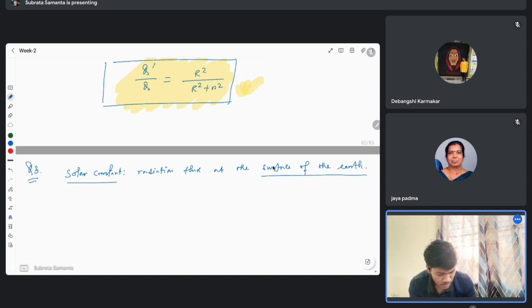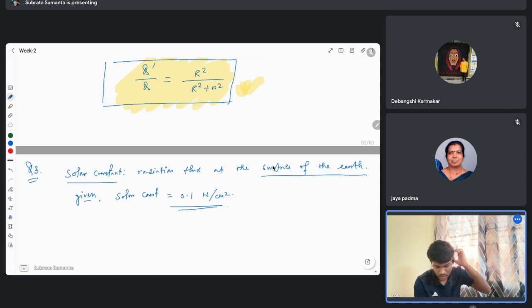Let's say the given solar constant equals 0.1 watt per centimeter square. So this is the given solar constant.